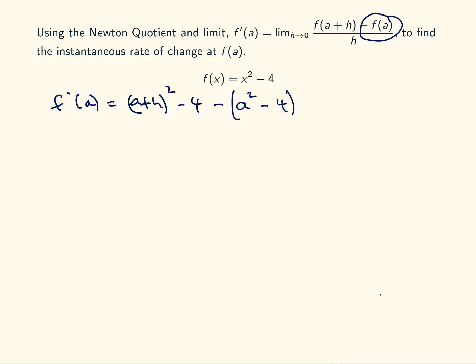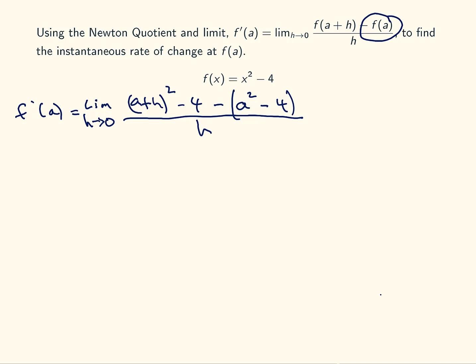And the whole thing is going to be divided by h. And I want to make sure I rewrite my limit operator because we haven't taken the limit of the expression yet. Now, if I just sub in h equals 0, we're going to get something divided by 0, which we don't want.